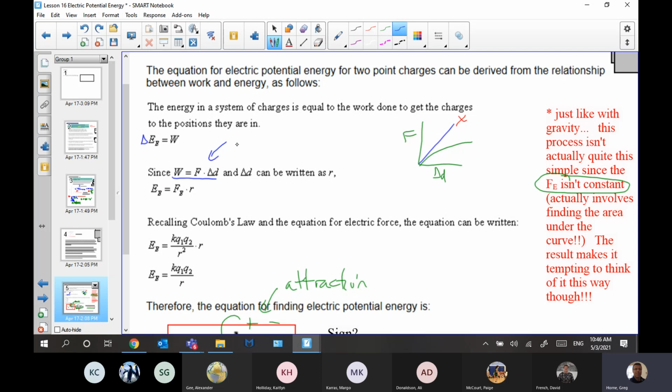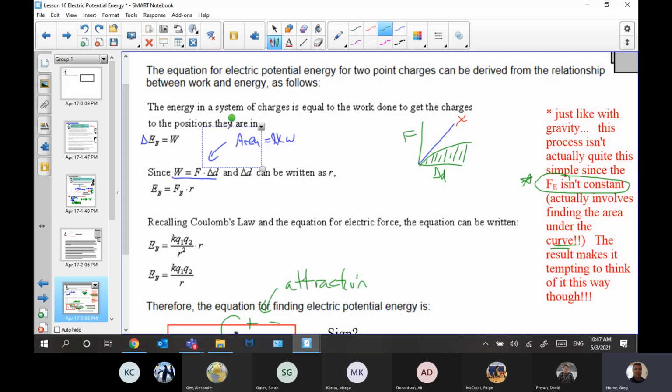So this is essentially area equals length times width, and you get your formula. And depending on the geometry, you'd use the correct formulas for area. But here we're talking about a curve, right? So we're actually trying to find the area under that curved surface. Because the force isn't constant, we're actually finding the area under a curve.